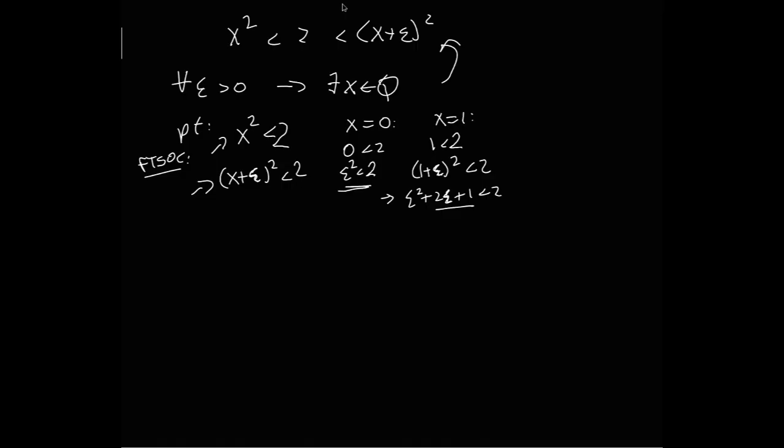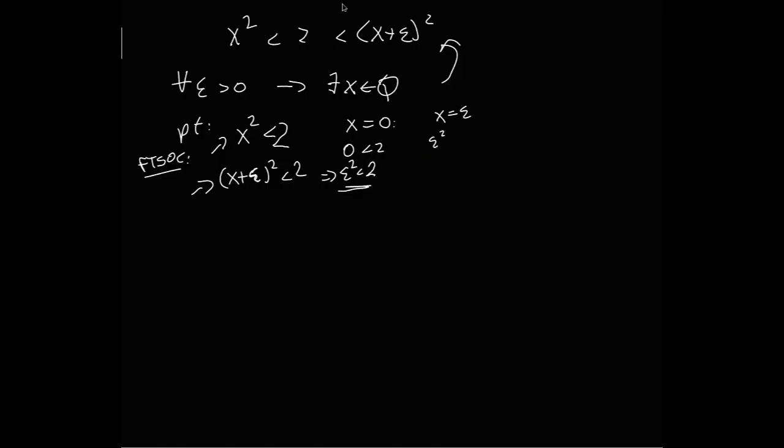Oh, okay. No, I was inducting wrong. Sorry. We're inducting on x plus epsilon n, right? Instead of just n. So x equals epsilon. It's multiples of epsilon. That's what we're inducting on. So basically this is an implication, right? If 0 is less than 2, then epsilon squared is less than 2.